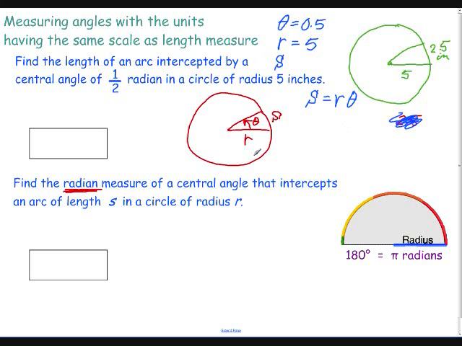So why wouldn't this formula still work for me here? Find the radian measure of a central angle. So it's going to be radian measure equals arc length divided by radius.